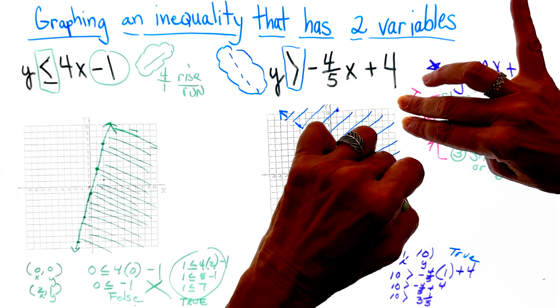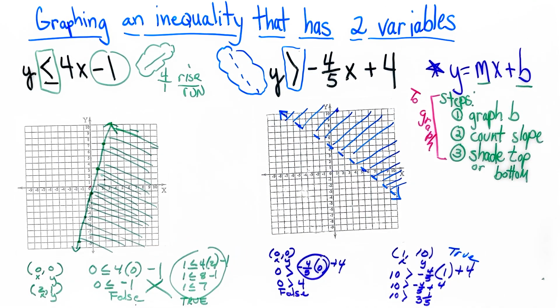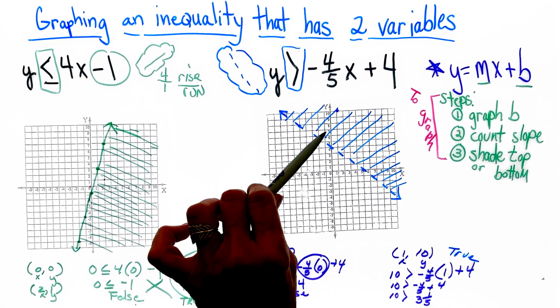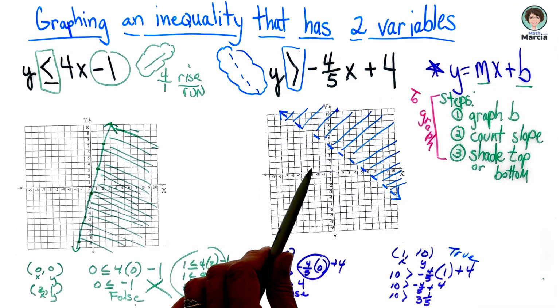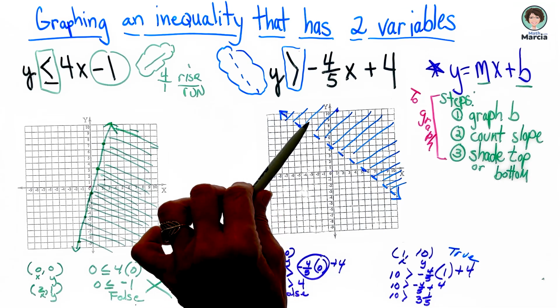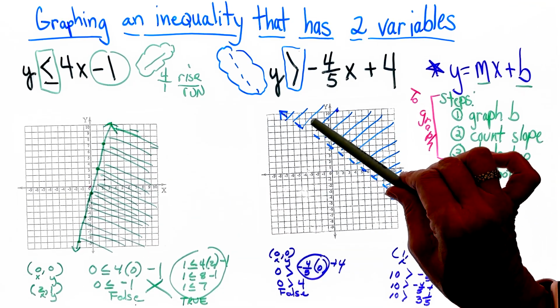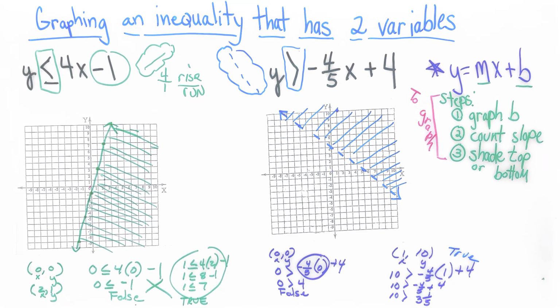Notice I am shading the whole part. And if you're doing this with pencils at school, you can just shade it with the edge of your pencil. Right now, in order to still be able to see the coordinate plane, I've just drawn lines, but all the ordered pairs on this top section make the inequality that we have true.